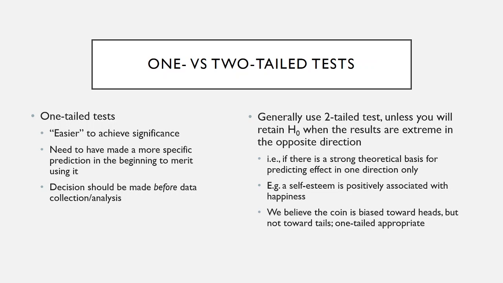Honestly, even if you made a directional prediction, you could go ahead and use two-tailed and it would be fine. Two-tailed tests, given that they're a slightly more conservative or extreme cutoff for significance, it sort of never hurts to make the bar a little higher for yourself to clear. So if you're ever wondering, should I use one-tailed or two-tailed, and you don't know what to do, just err on the side of two-tailed. You'll never go wrong using two-tailed. If you choose one-tailed and you didn't have a reason to do so, then that's kind of problematic.